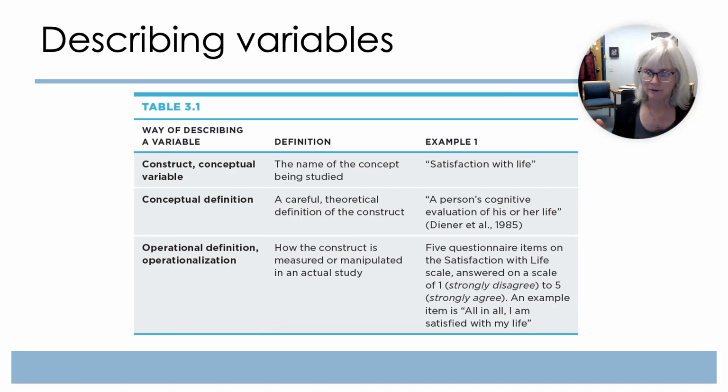So it's a Likert scale. That is how we are operationalizing it. And somebody else might operationalize satisfaction with life in a different way. And that's part of why we have so many different measures that we're using. But those differences are important. They help us to recognize the overall pattern that we're looking at.